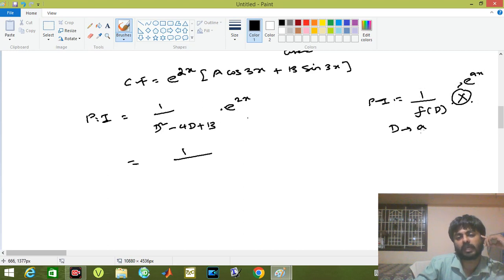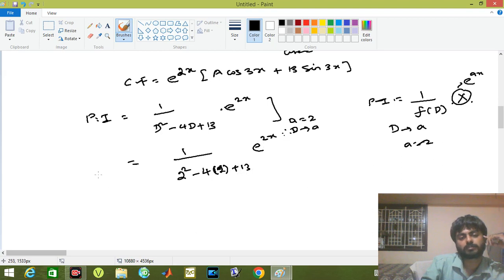So what is a here? a equal to 2. So D turns to a. So you will have 2 square minus 4 into 2 plus 13 into e power 2x. This is your PI.